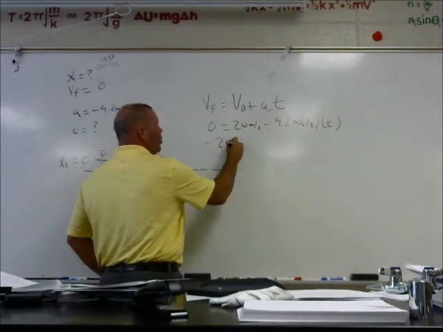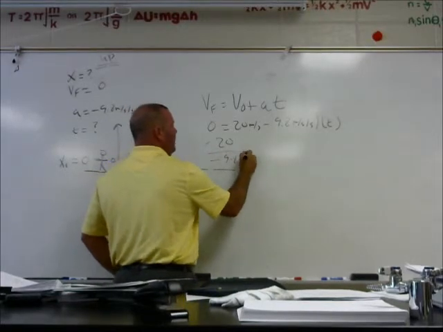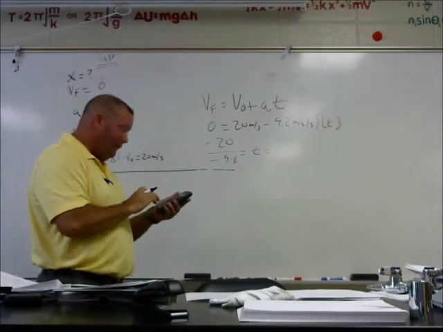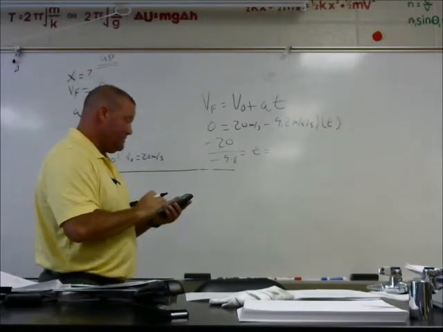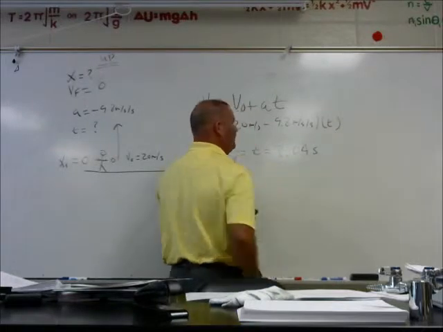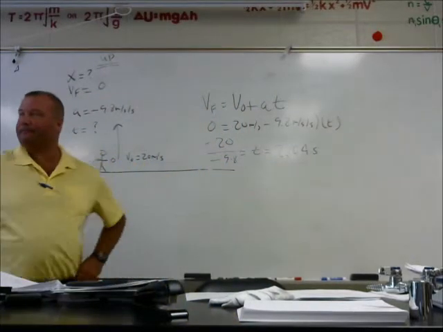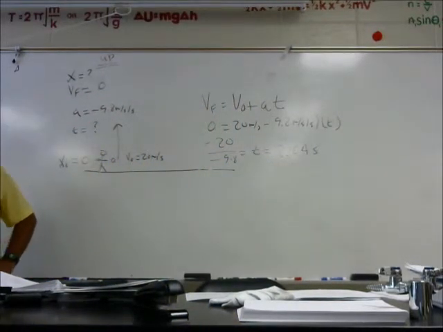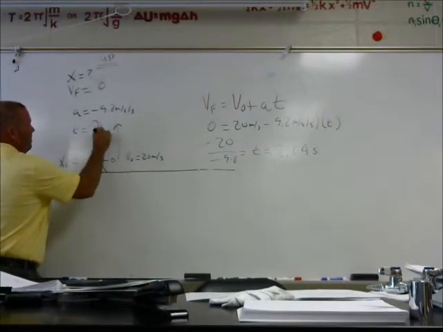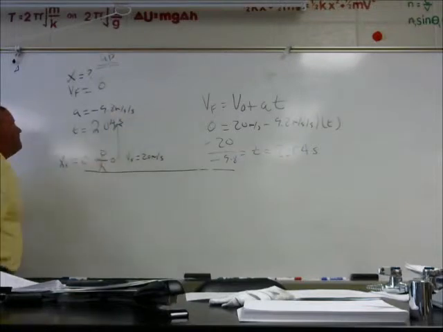And I get negative 20 over negative 9.8 equals t. And that should be 2.05, I think. 2.04 seconds. So I can plug that in here for time.